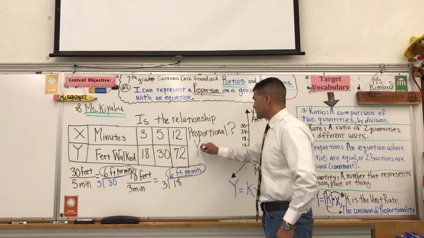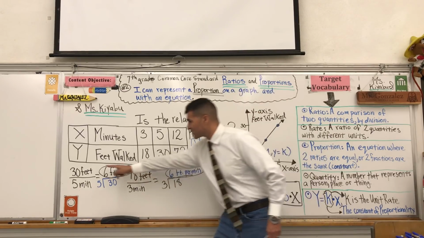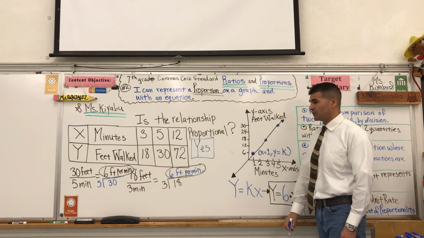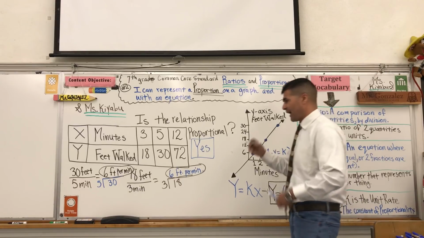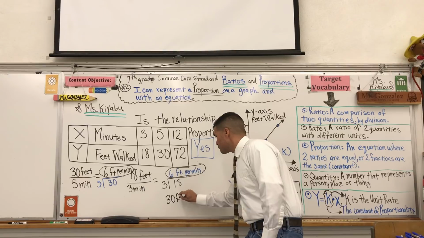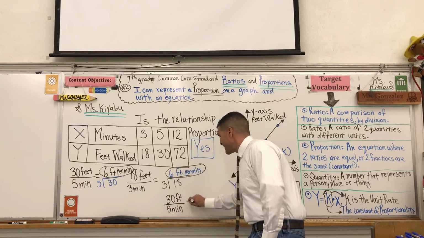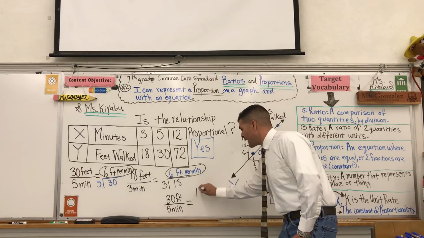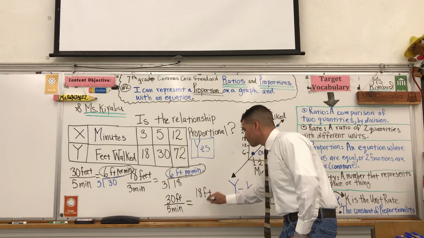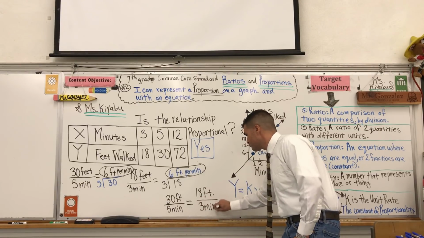Yes, this is definitely a proportional relationship because these two fractions are actually equal to each other. And here's how we can write that. We can write 30 feet divided by 5 minutes is equal to 18 feet divided by 3 minutes.